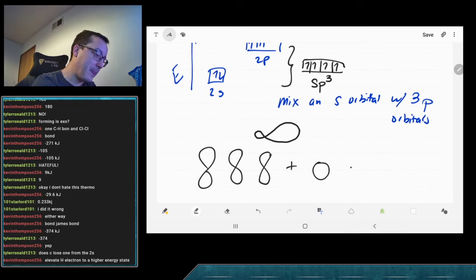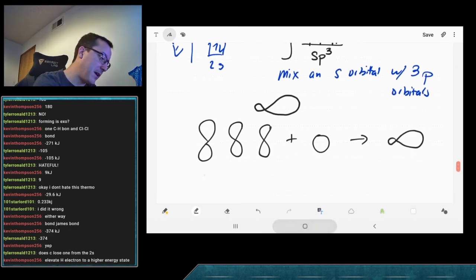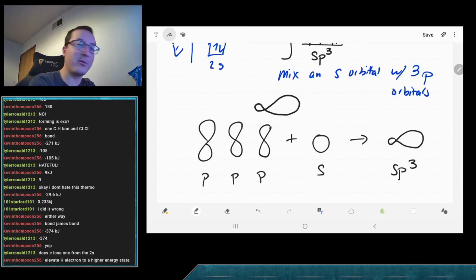So s orbitals are spherical, right? So that's going to end up looking like a dumbbell that's distorted now. And so this shape, the sp3 hybrid, will be able to bond. So these are just 3p orbitals. Here's an s orbital. We now have sp3 orbitals, and we're in fact going to have 4 of them.